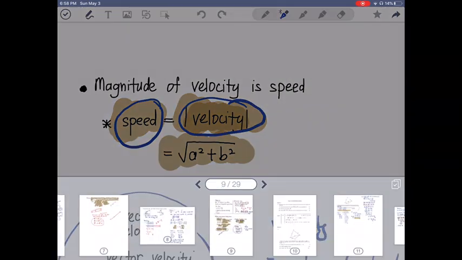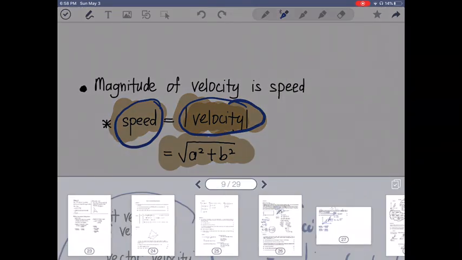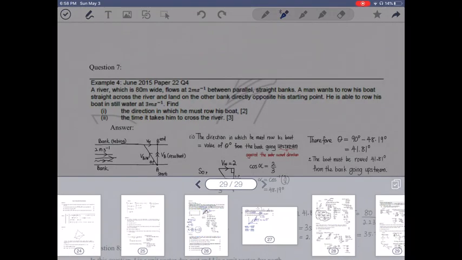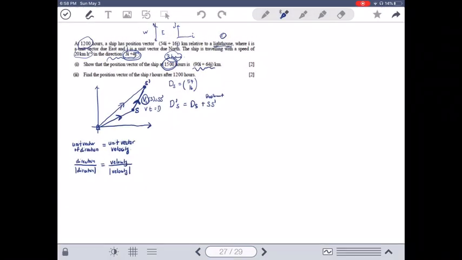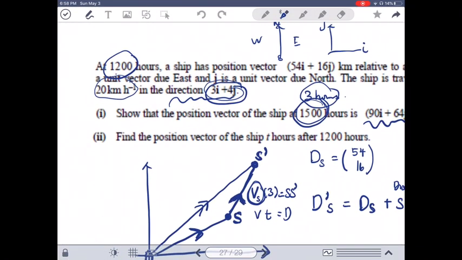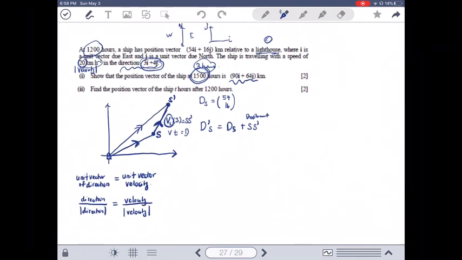Okay, therefore we can say that the magnitude of velocity is just equal to 20 km per hour, because the speed is given.